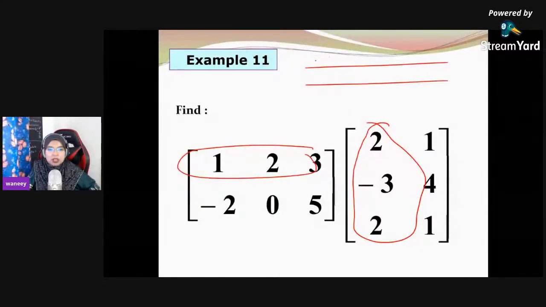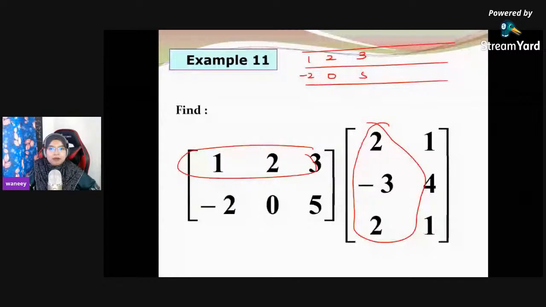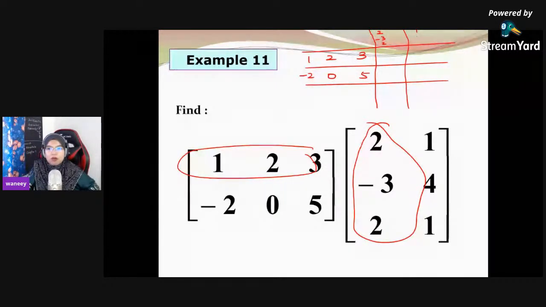So this is for the row: 1, 2, 3, and negative 2, 0, 5. For the column, simply take this one as the column: 2, negative 3, 2, and then 1, 4, 1. In order to times them, we take this row times with this column.